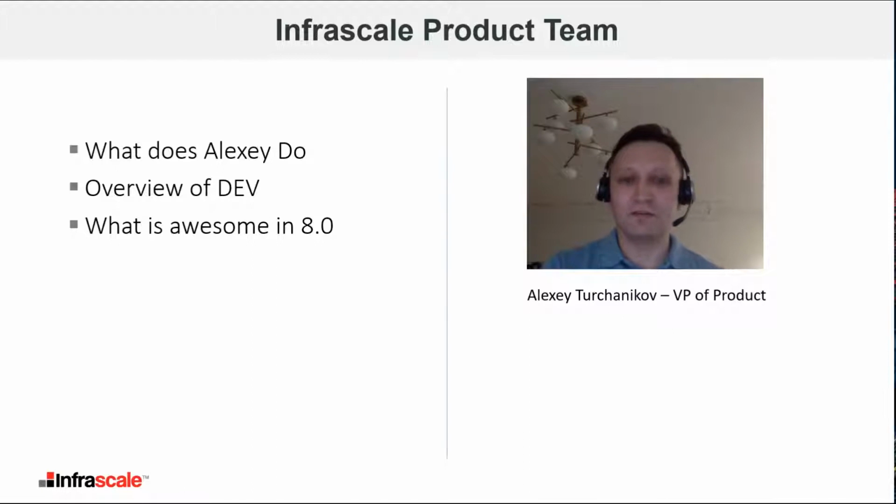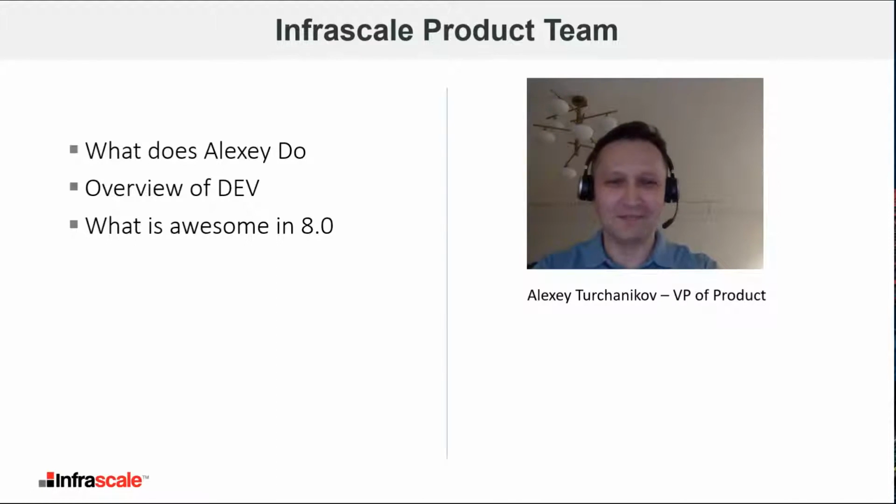My background, before Infrascale, was mostly software solutions for telecoms and government sectors. But I actually started as an IT technician at the times when we had to move companies from Cox to Twisted Pair and all the fun stuff, which a lot of our partners probably know and remember.